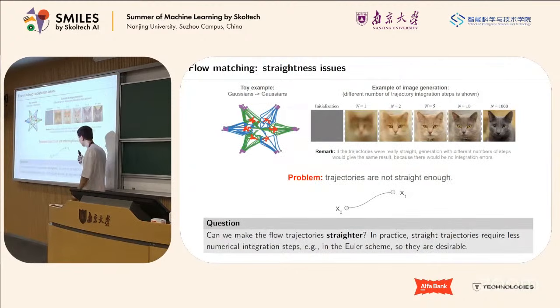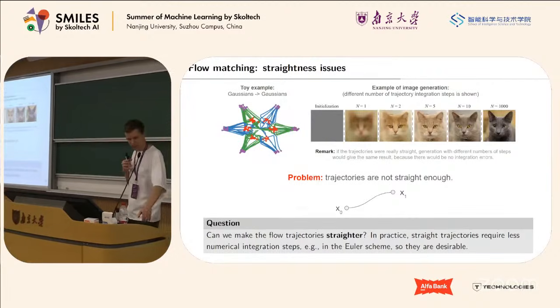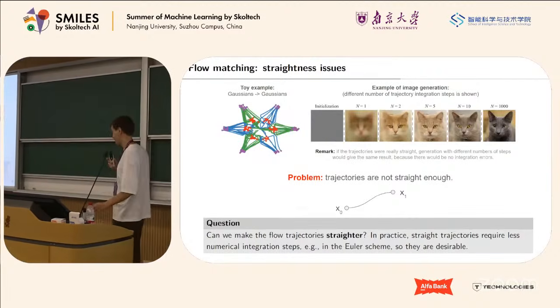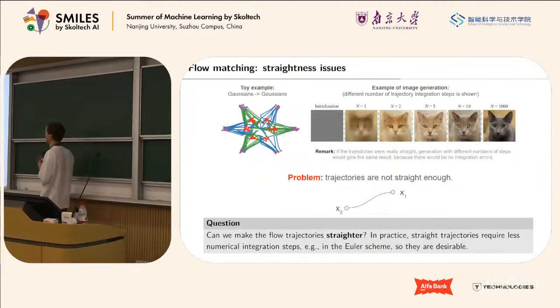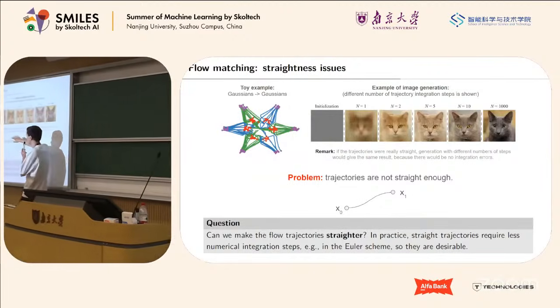Okay. But one thing which we obtain here is, in fact, as I already told you two slides ago, the trajectories which we wanted to model are not as straight as we originally wanted them to be, right? Furthermore, this can be seen on this toy example.